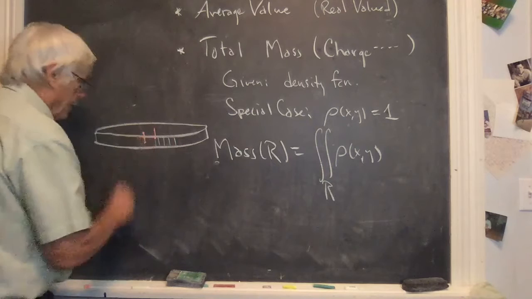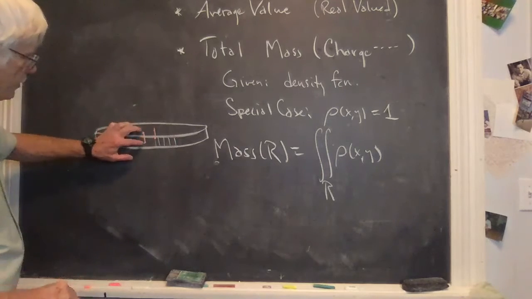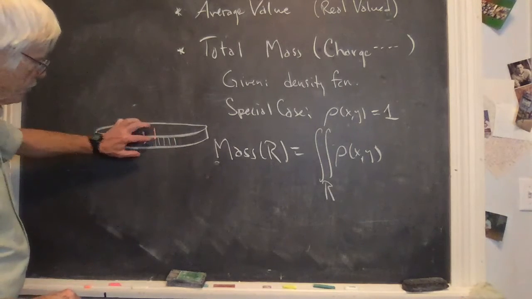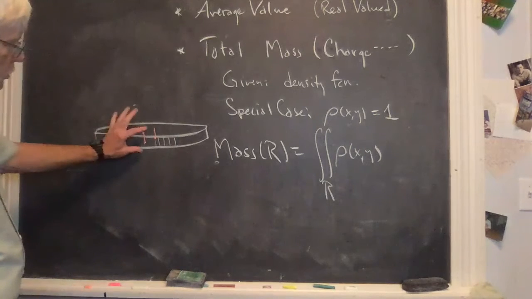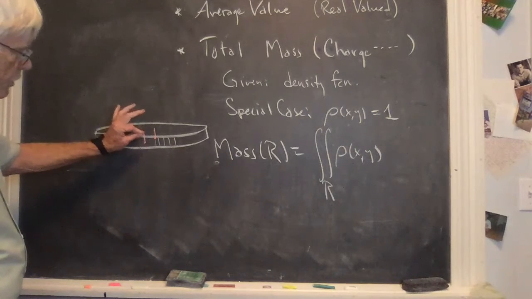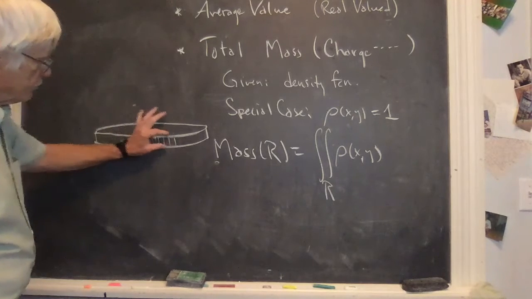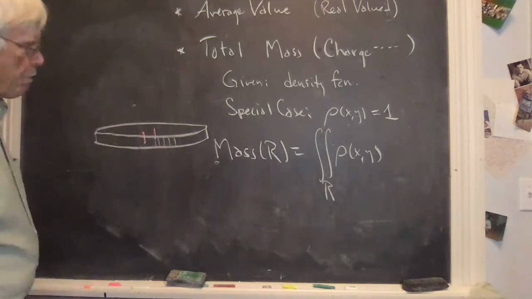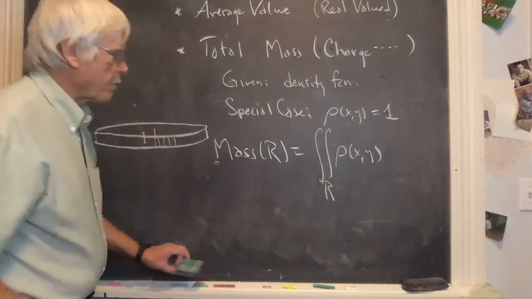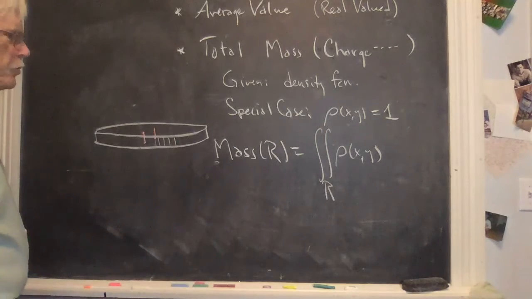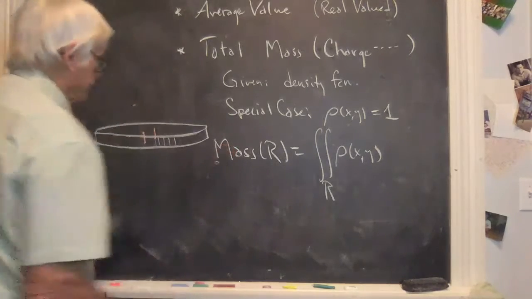The density is constant on those little stubs. And so what we'll be getting here is not the mass of an infinitely thin plate, but the mass of, this is called a lamina. So this is what this integral is going to give us.